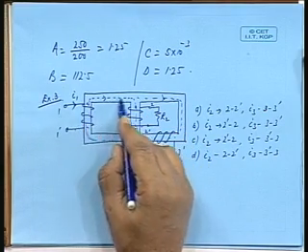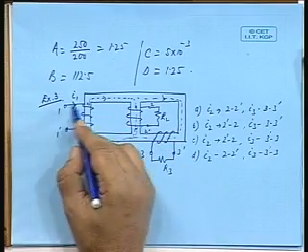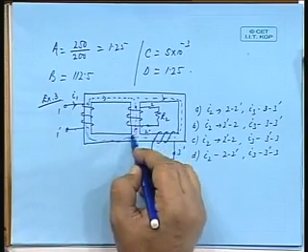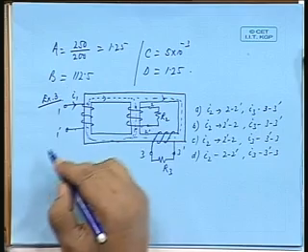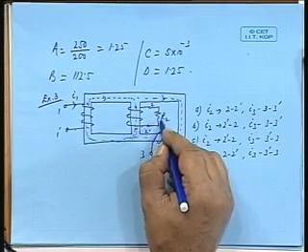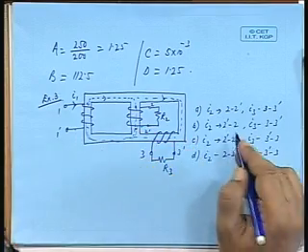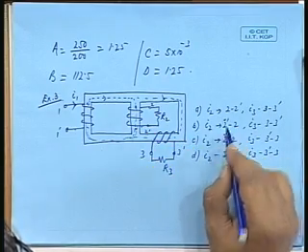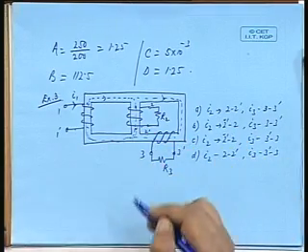So, if a current I1 flows through this, it will try to send a flux like this, then this current has to be in this direction. So, it will be 2 dashed to 2. What will be the current through this?